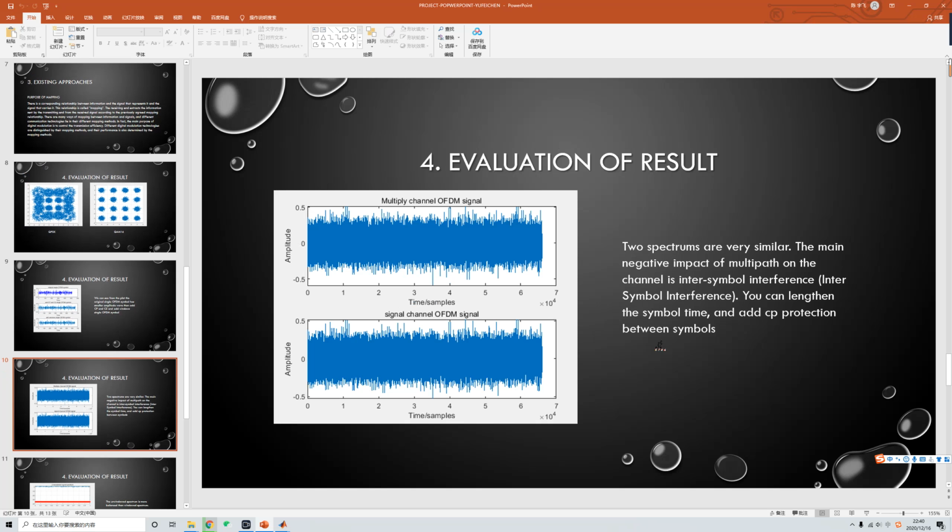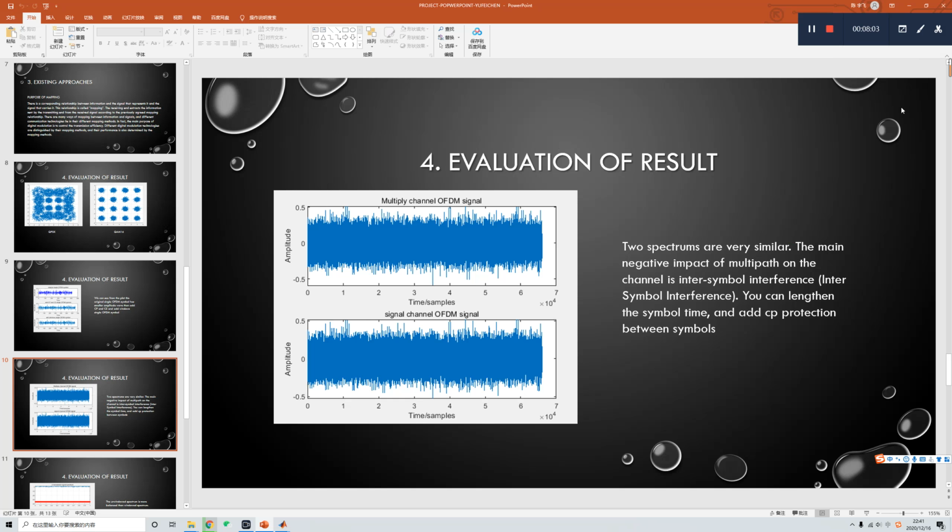And next, I compare the multiple channel OFDM signal with the single channel OFDM signal. The two spectrums are very similar, so we can see they have very similar amplitude, and their time samples run with the same timing.